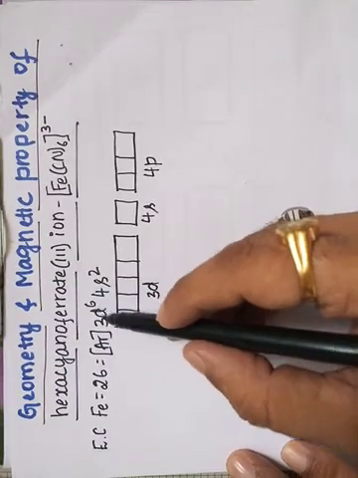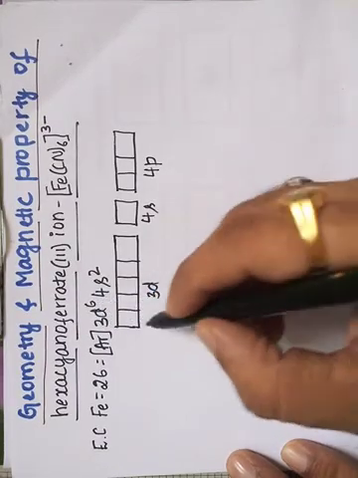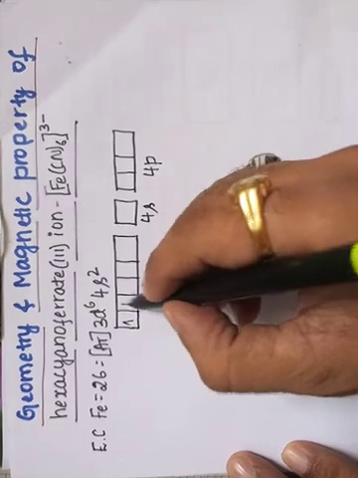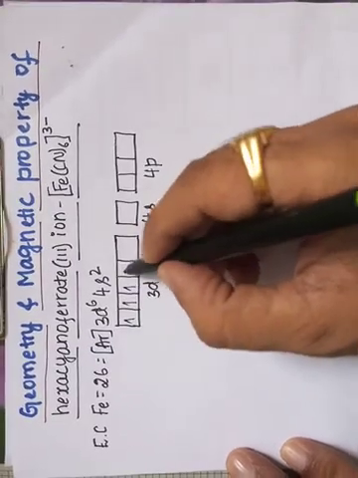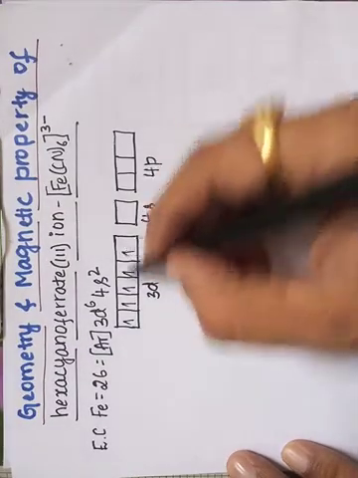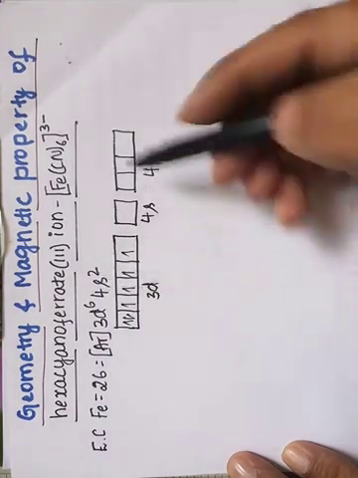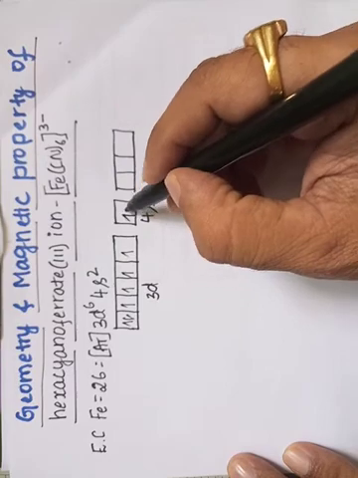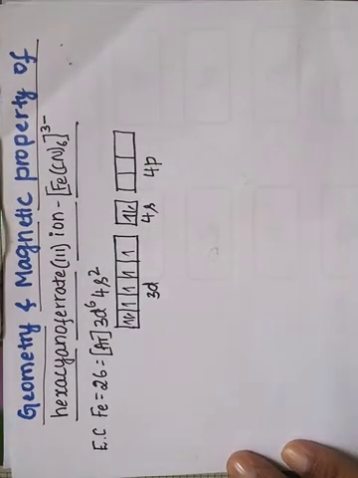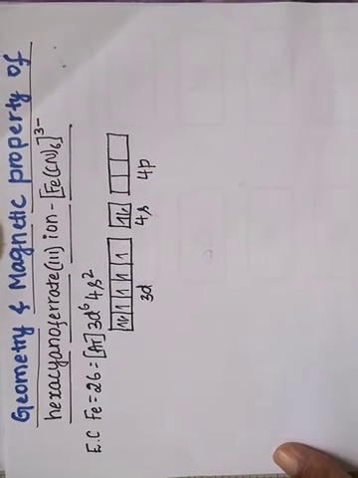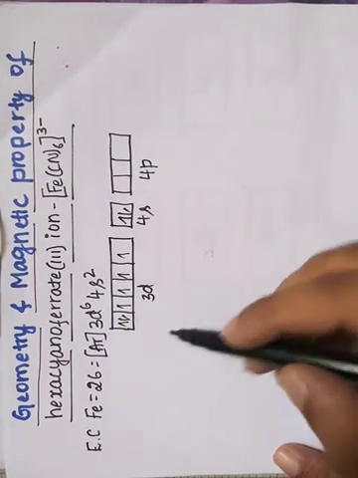In the 3d orbital there are 6 electrons, and in the 4s orbital there are 2 electrons. This is the ground state electronic configuration of iron.